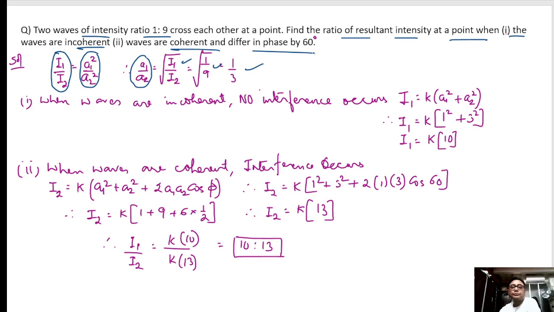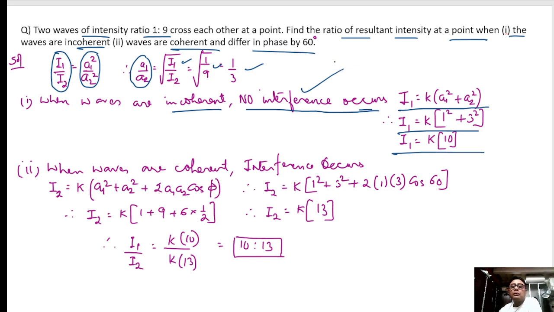Okay. So please watch one thing. When the waves are incoherent, no interference occurs. That means we will have no interference at all. Okay. So here we will have the intensity as this much only. That means interference will never occur.